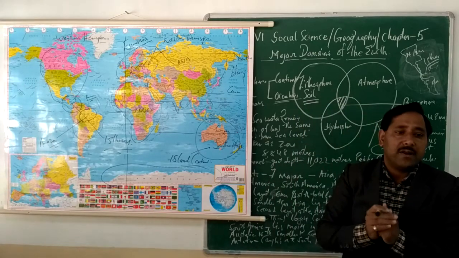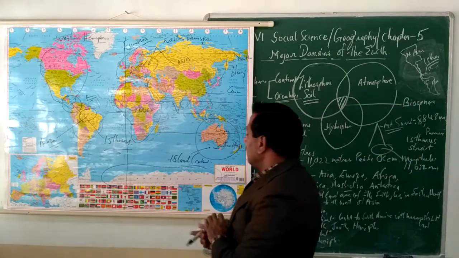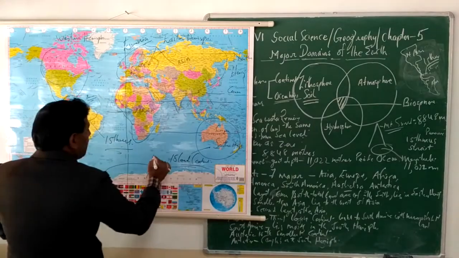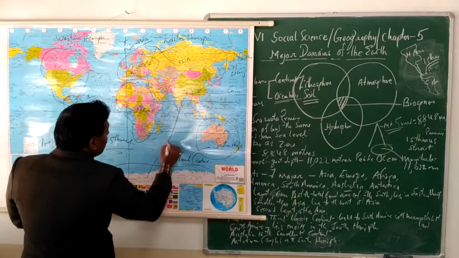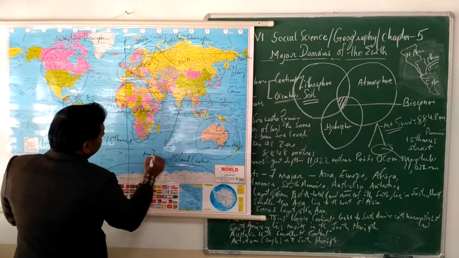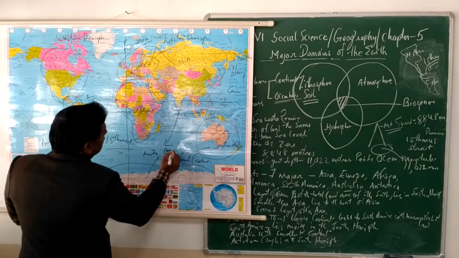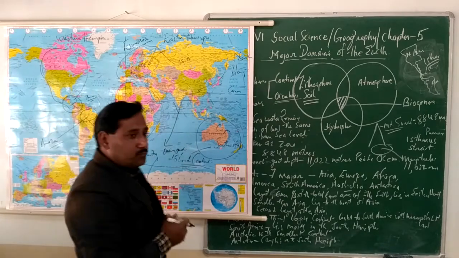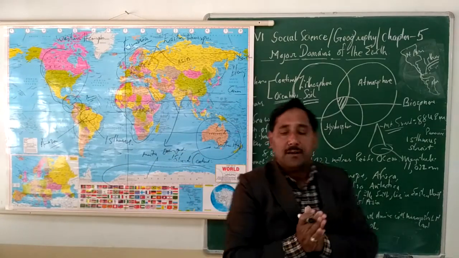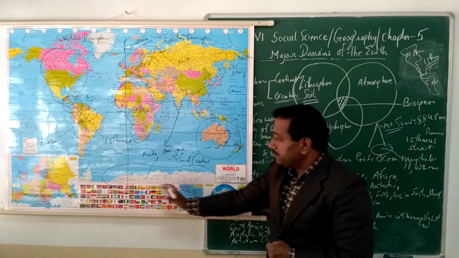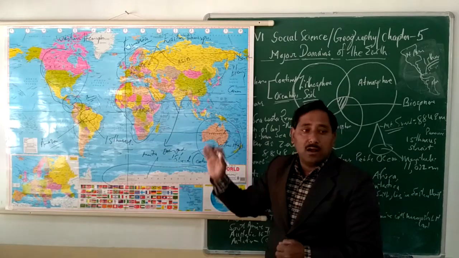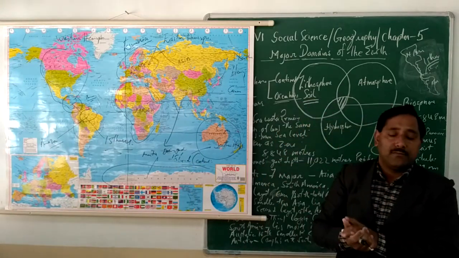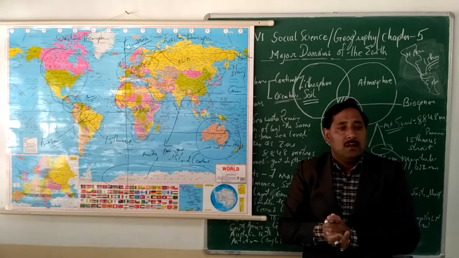They are named Maitri and Dakshin Gangotri. So we have two research stations in Antarctica. So this was a brief discussion about the different continents of the world.